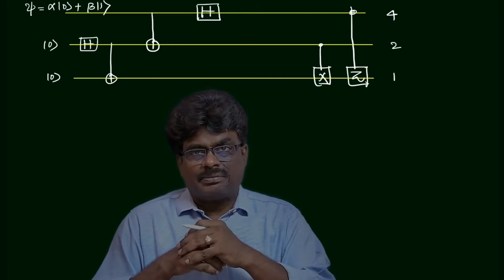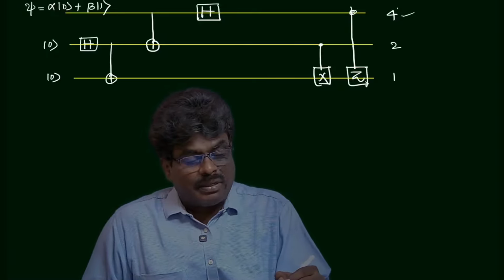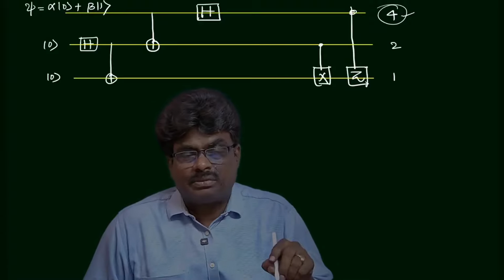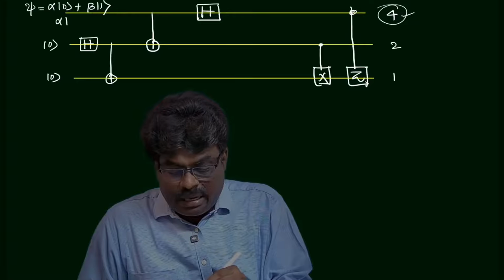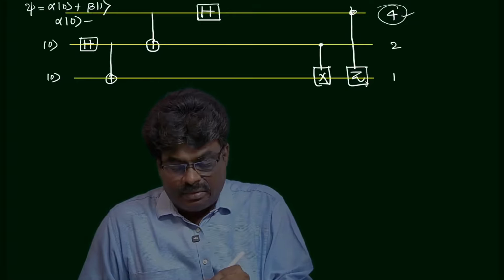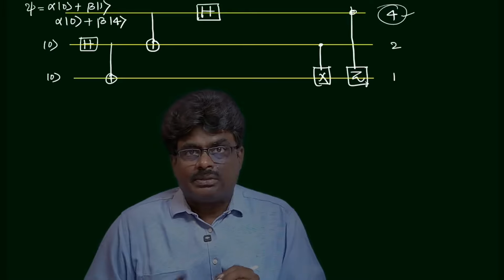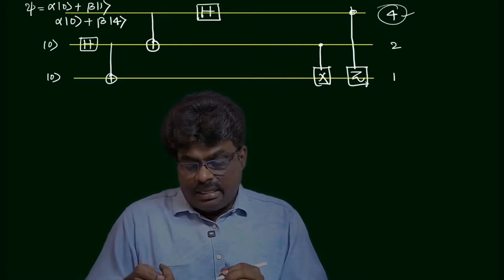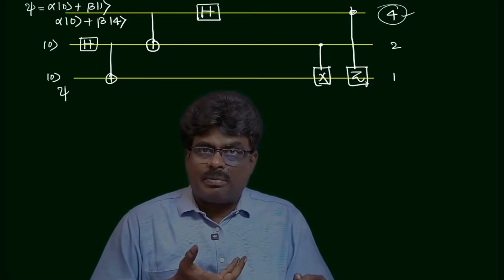Then we are sending this psi, the fourth qubit state, whose decimal value is 4. So this is nothing but alpha 0, and if it is on, beta 4. If you are sending that psi here, it will be alpha 0 plus beta 1 only.